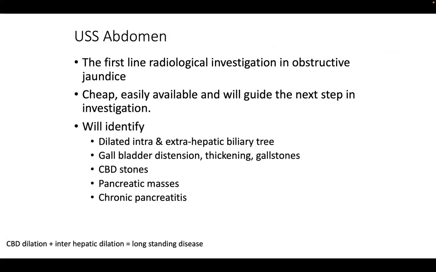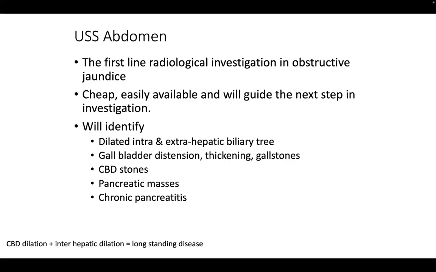So ultrasound abdomen here is the first line radiological investigation in obstructive jaundice. It's cheap, easily available, and will guide your next step. You can identify a dilated intra and extrahepatic biliary tree, look for any gallbladder distension, thickening, gallstones, CBD stones, pancreatic masses, and features of chronic pancreatitis.